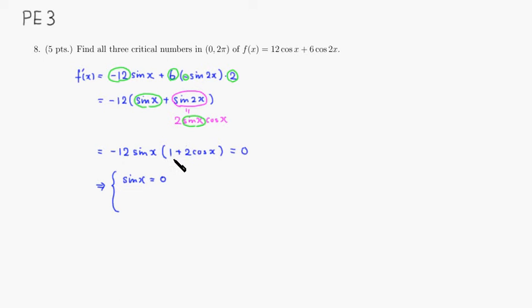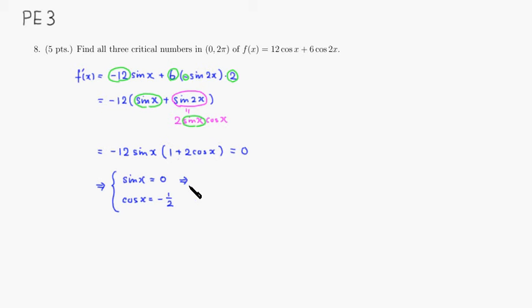And also 1 plus 2 cosine of x equal to 0. We can do that when cosine is negative 1/2, so cosine of x is equal to negative 1/2. Then we can find the angles that we're looking for.